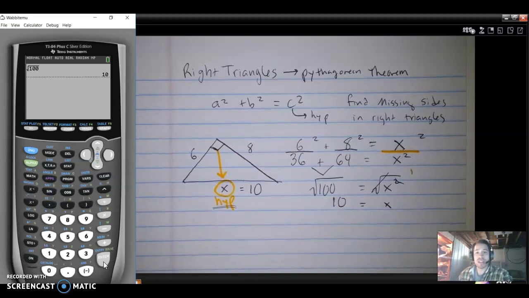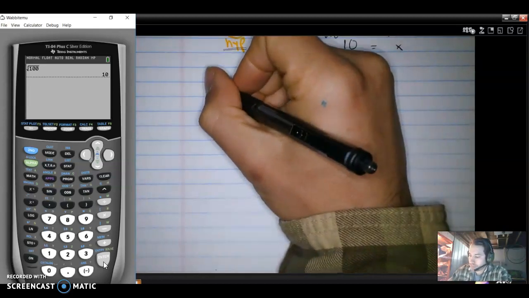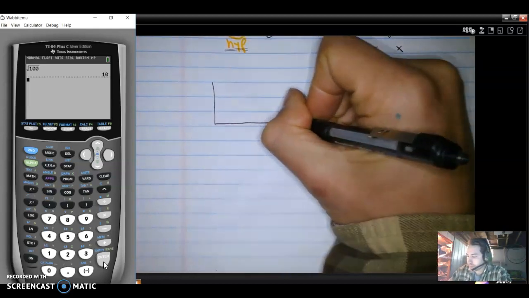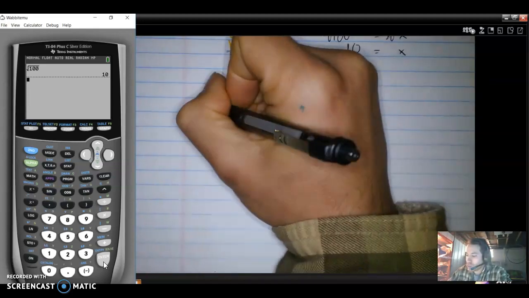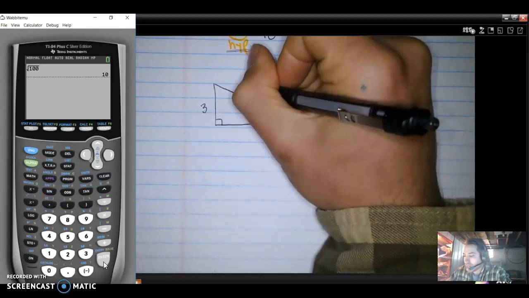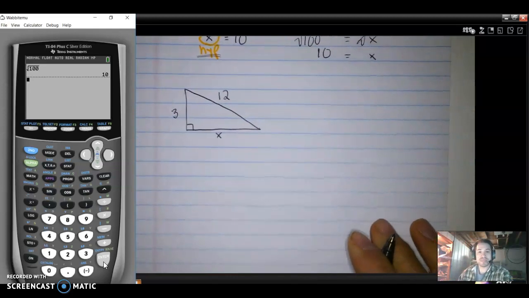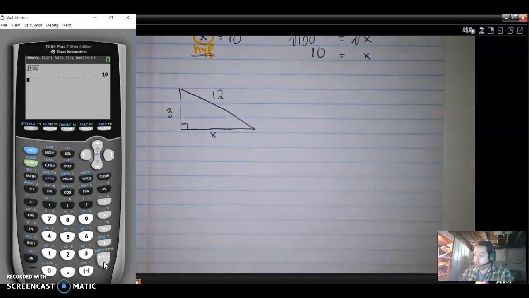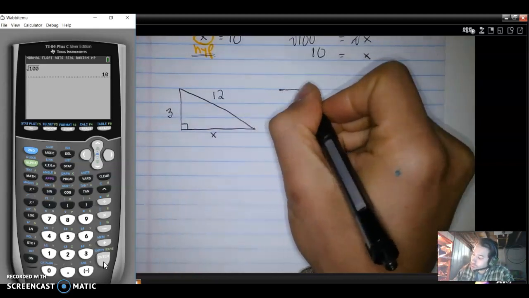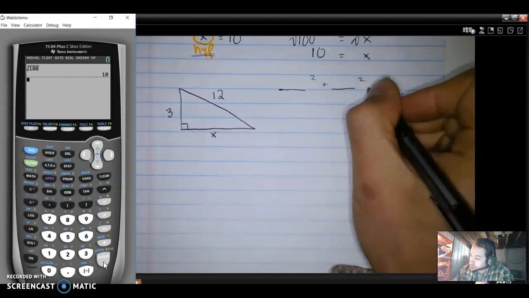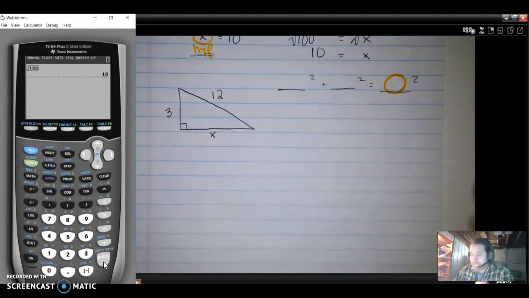Let's check out another example. Again, notice it must be a right triangle, so I have a right angle. I know one of my sides is 3. I know one of my sides is 12. We need to find x. For this example, we are going to do blank squared plus blank squared equals blank squared, where, remember, this side needs to be the hypotenuse.